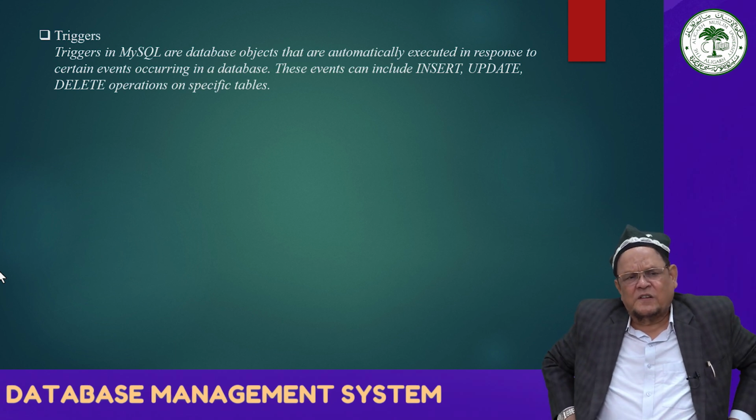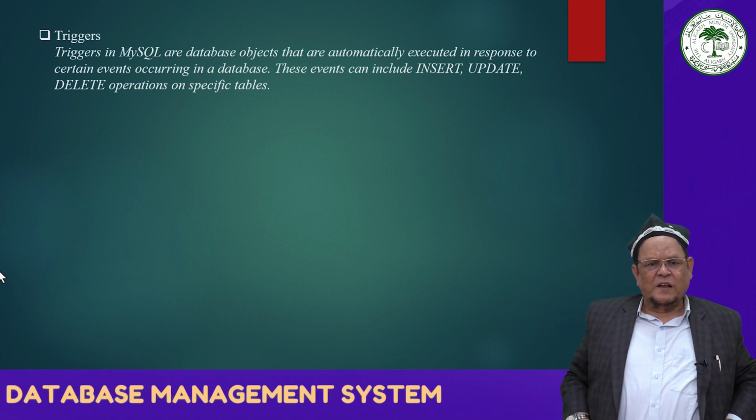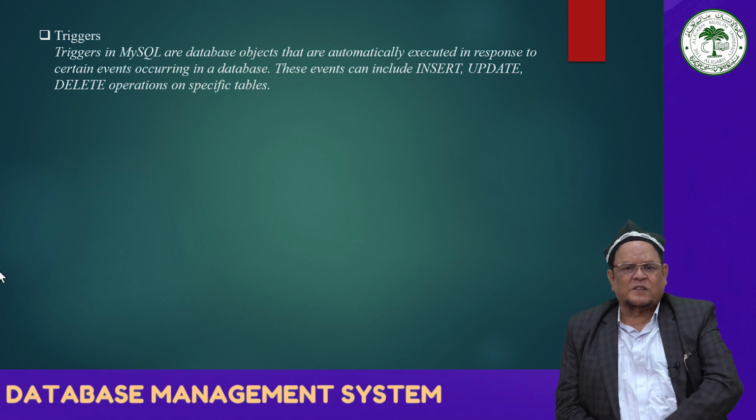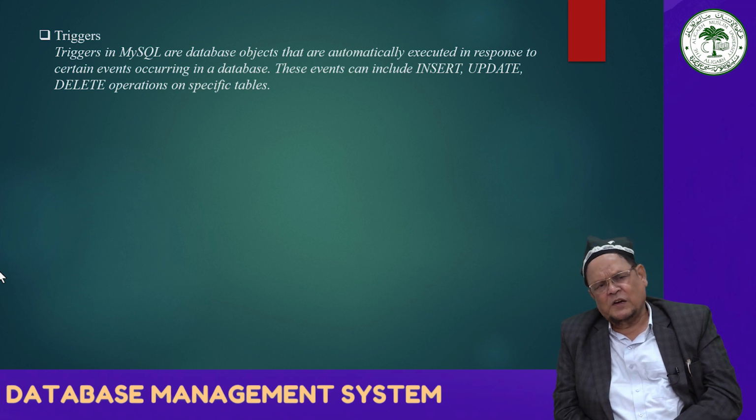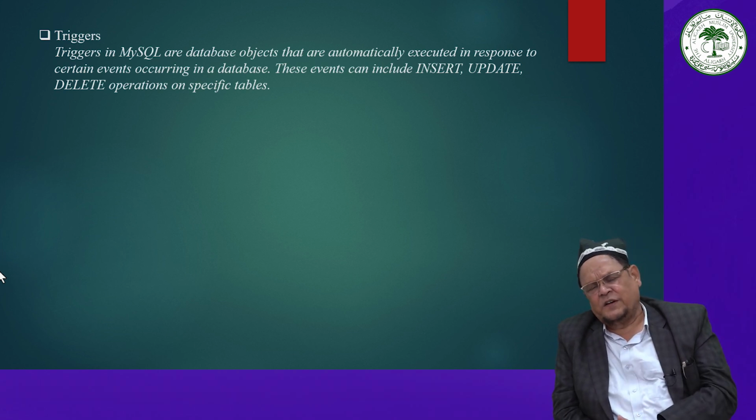And then the next topic is triggers. Triggers in MySQL are database objects that are automatically executed in response to certain events occurring in the database. Depending on the event, if the event occurs, then the trigger will fire.